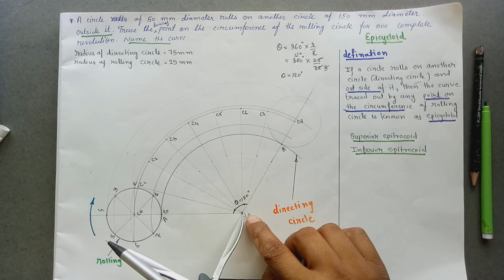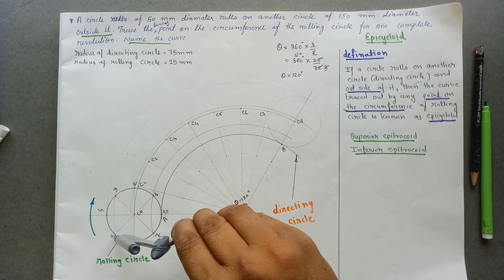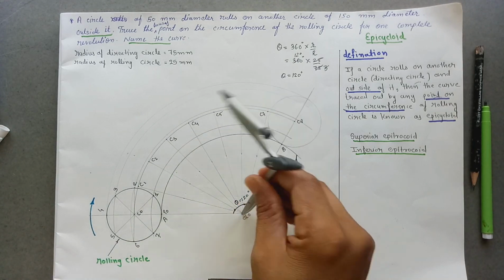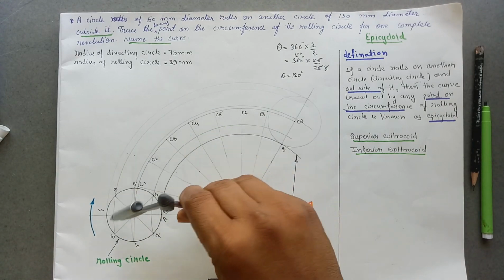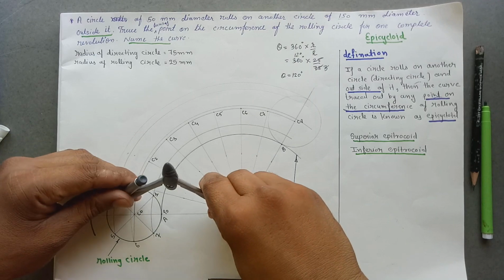The center of the arc will be at D0. Then 3, 5, and last at 4.